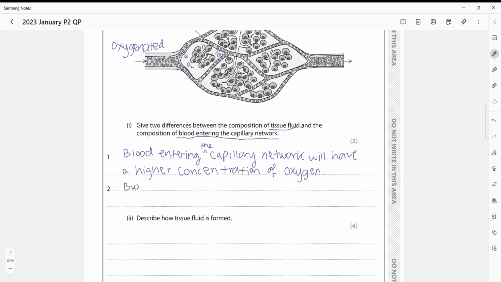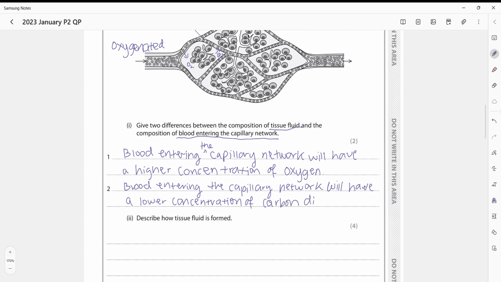So blood leaving the capillary network will have a lower concentration of carbon dioxide.